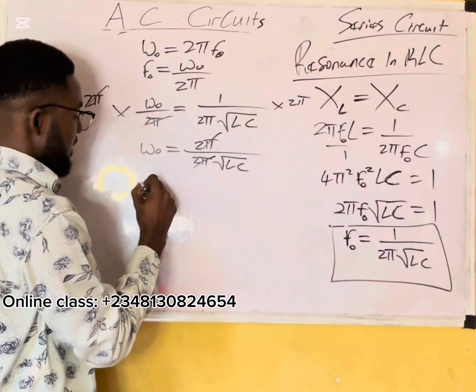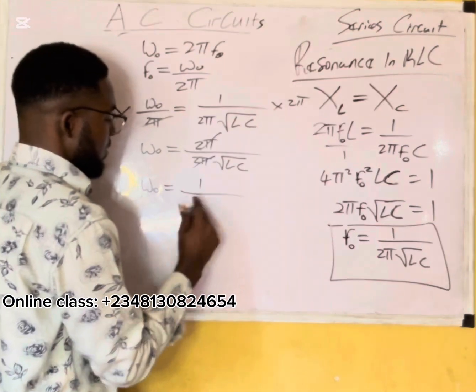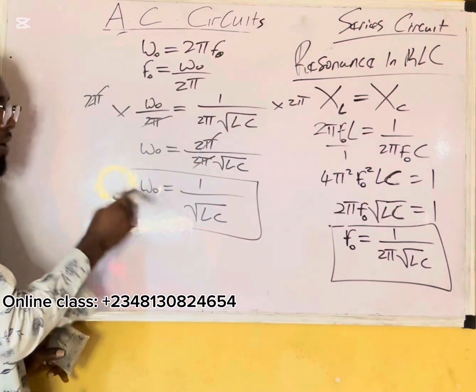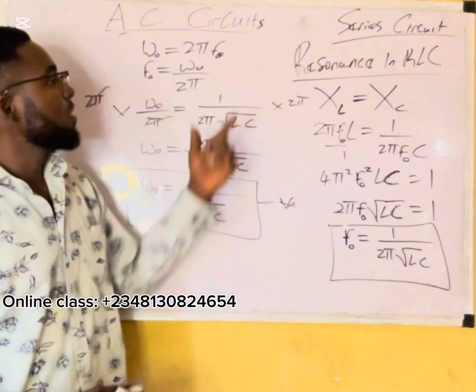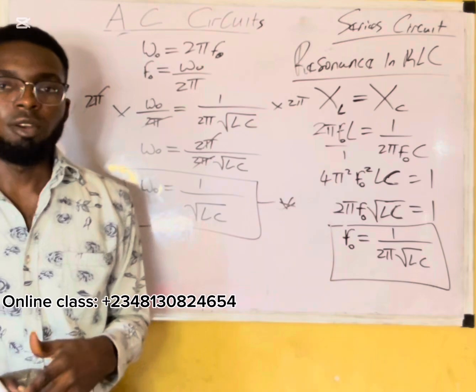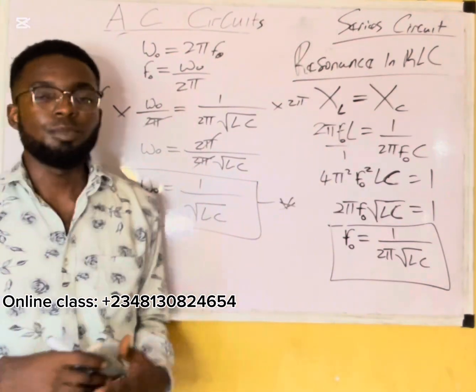Then this is equal to 1 all over square root LC. So this is the angular speed at which resonance occurs in an RLC series circuit. You can see how simple it is.